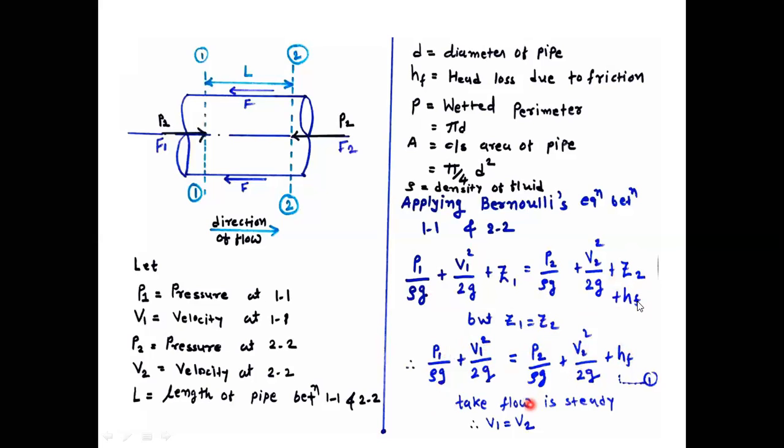Take the fluid as steady. If the fluid is steady, then the velocity at cross-section 1-1 and the velocity at cross-section 2-2 are the same, so V1 is equal to V2.